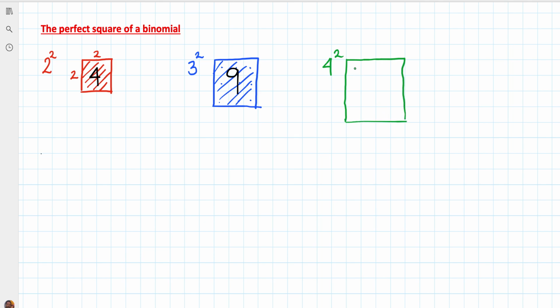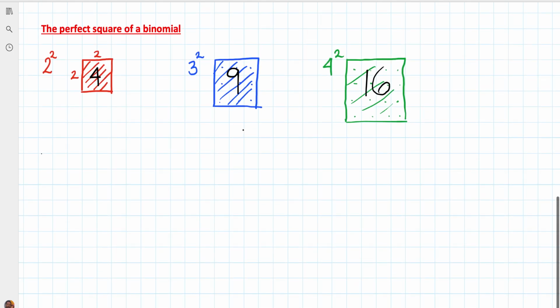And how many squares? 1, 2, 3, 4, 5, 6, 7, 8, 9, 10, 11, 12, 13, 14, 15, 16. Well done. Nothing new here. So that's what we call square numbers.